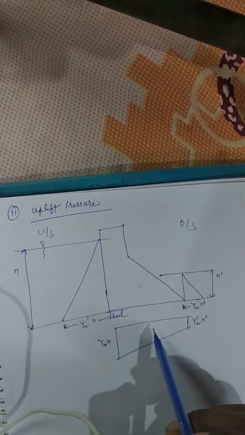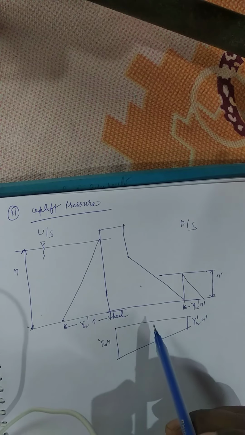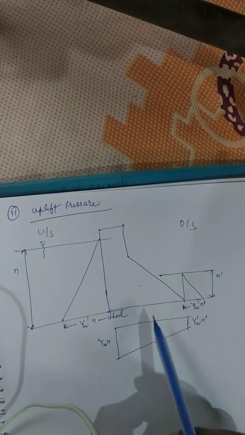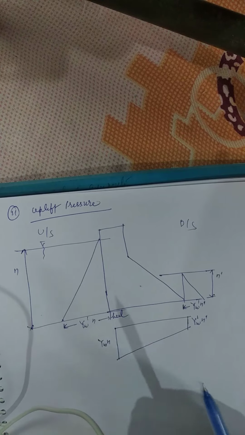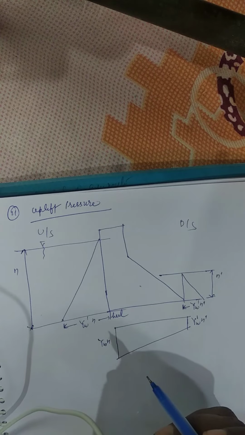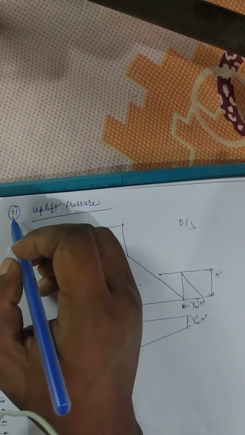There are two conditions of the uplift pressure. The first one is in the absence of the drainage gallery. These conditions exist for the absence of the drainage gallery.